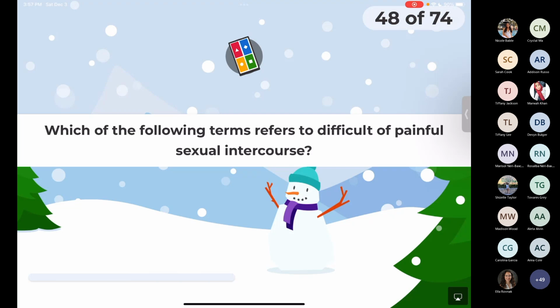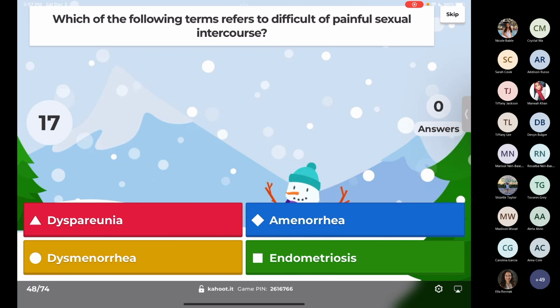Which of the following terms refers to difficult or painful sexual intercourse?